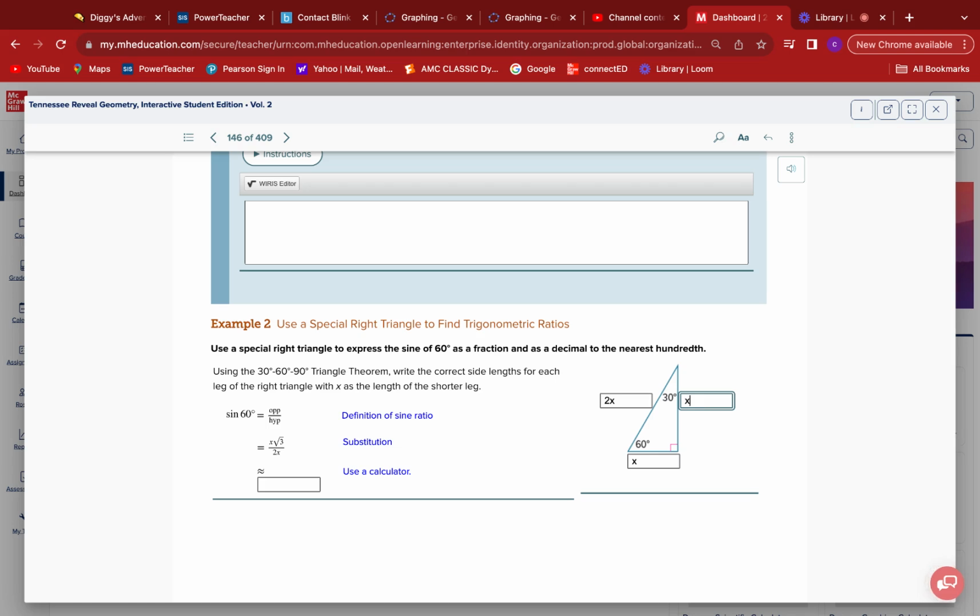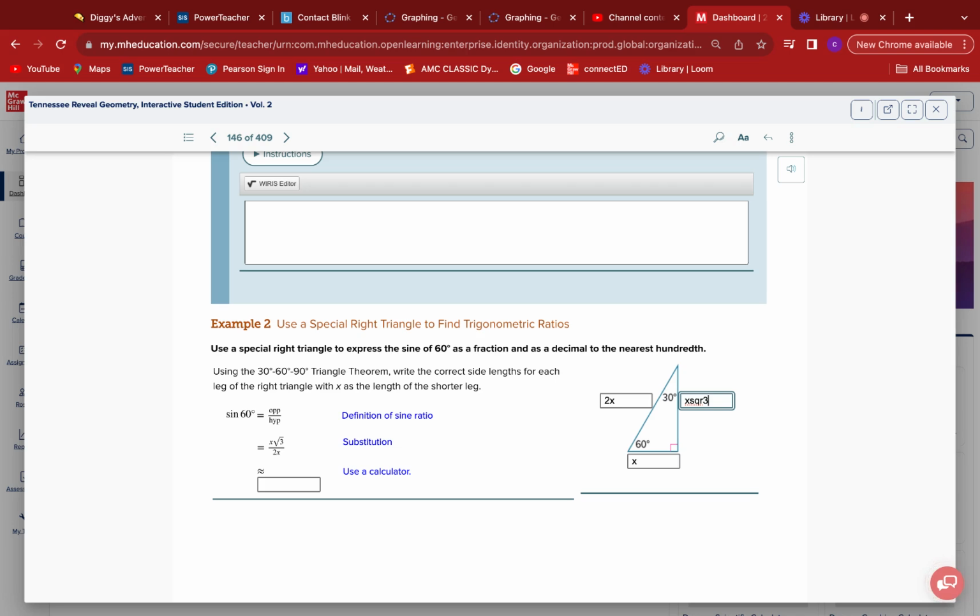Now, I'm wondering why they don't let me do the square root of 3. It should be x with the square root of 3, and it's not letting me put in my square root. So I guess you're going to have to know it's the square root of 3.